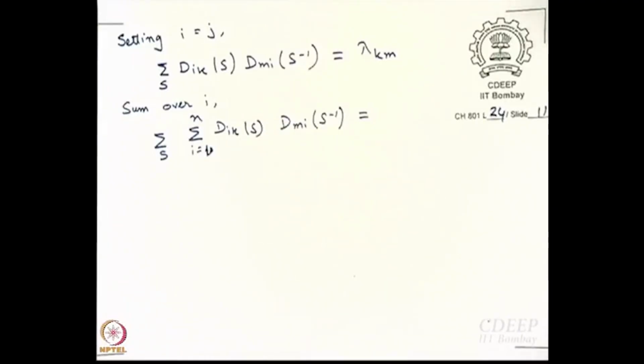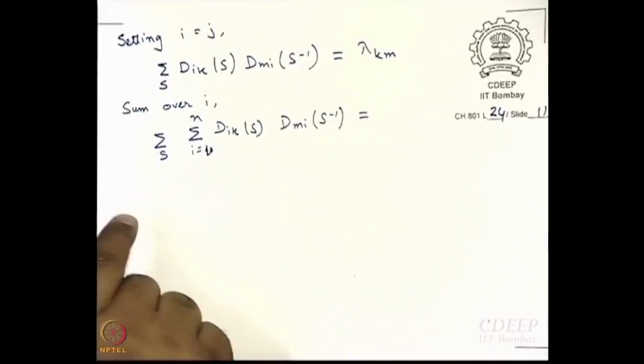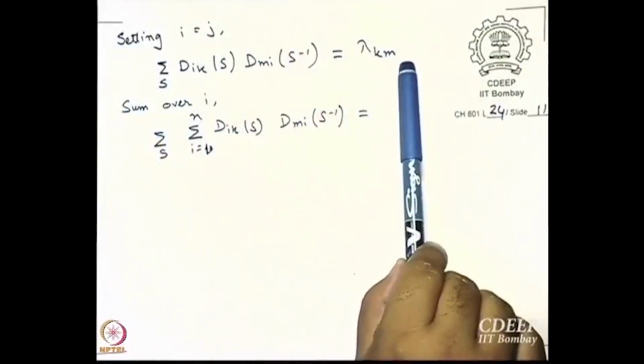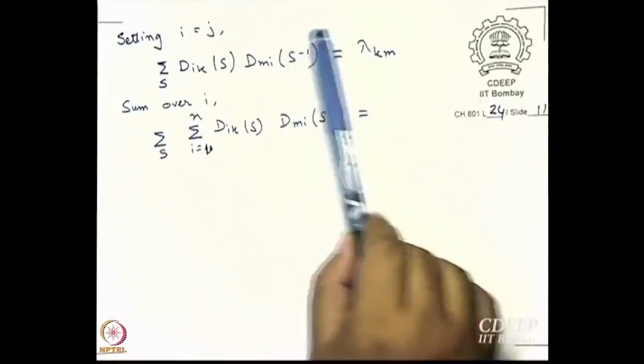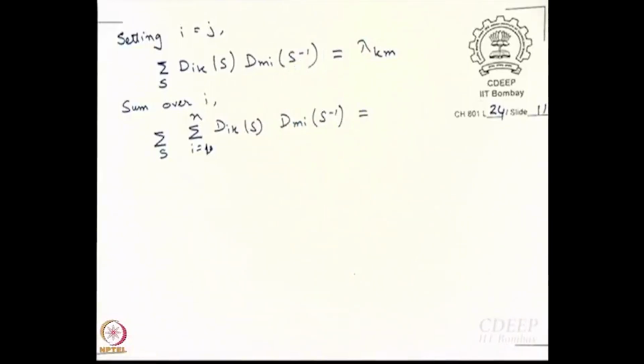How many values of i are there? n values of i. Even my 7-year-old younger son will tell me that if you sum it over i also, then the right hand side gets multiplied by n. Right or wrong? It does not matter what the value of i is, the value is lambda km. Put i equal to 1, you get lambda km. Put i equal to 2, you get another lambda km. Put i equal to 235 if it is required, you get another lambda km. So it is n multiplied by lambda km.